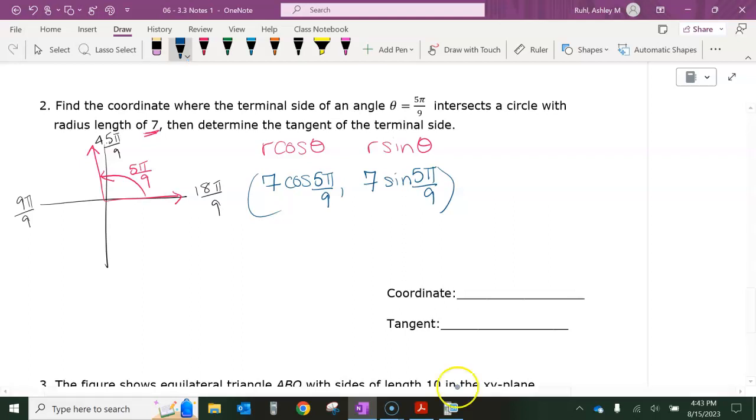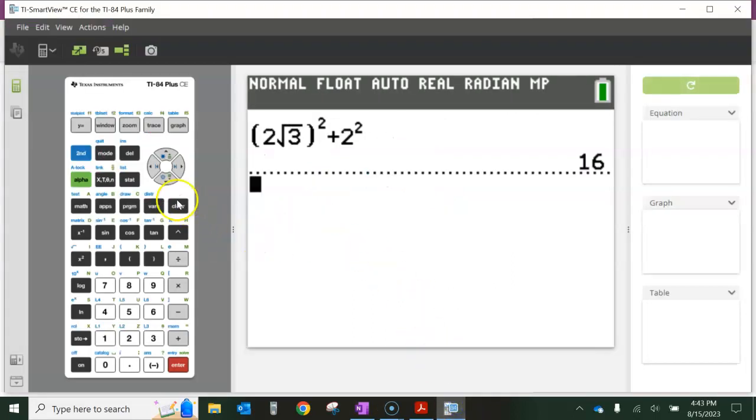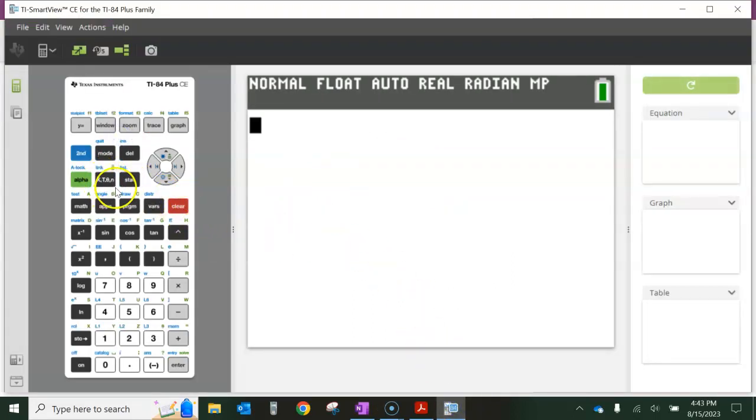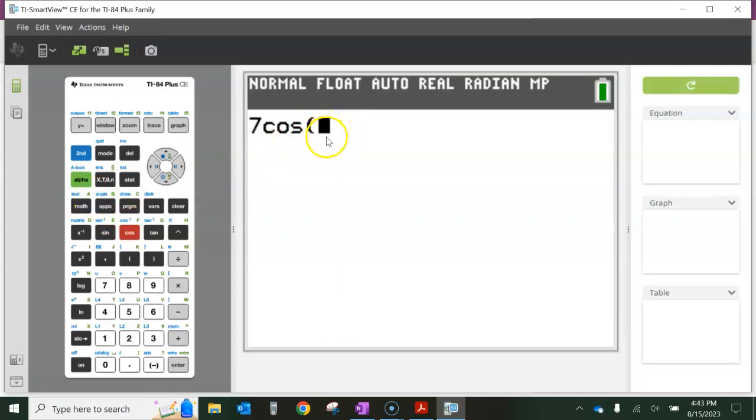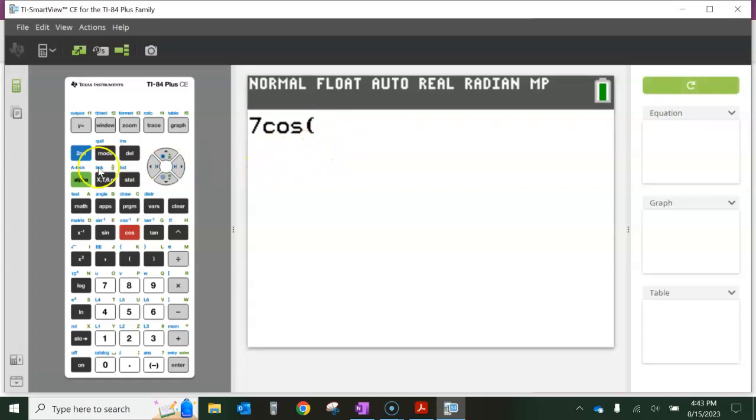So in order to do that, I'm going to put that in my calculator. Again, we're using radians, so it must be in radians mode. So I have 7 times cosine. And then what I'm going to need to have here, there's 2 ways you can do this. There's the way that most people will probably do it.